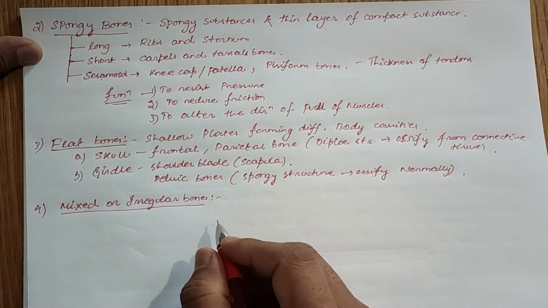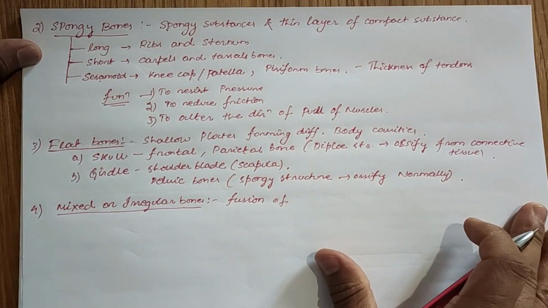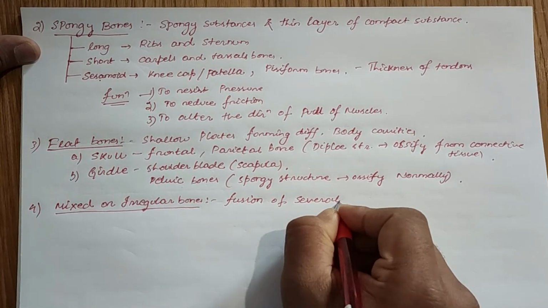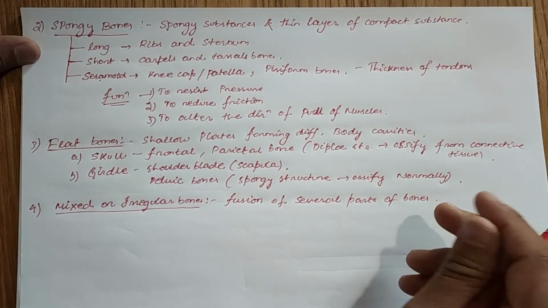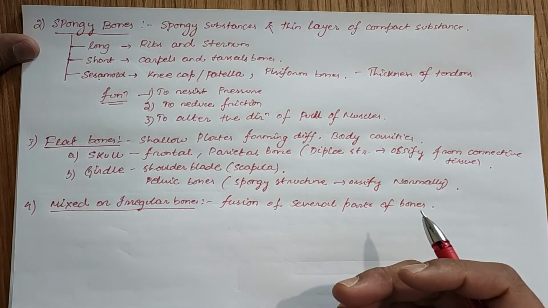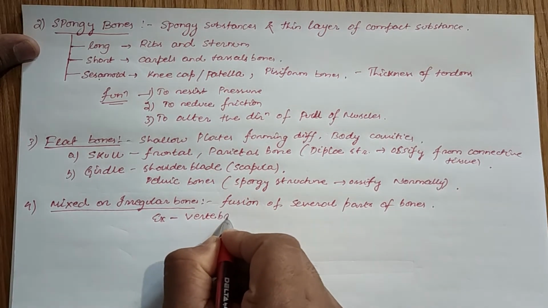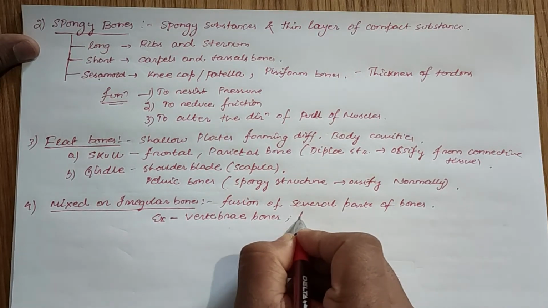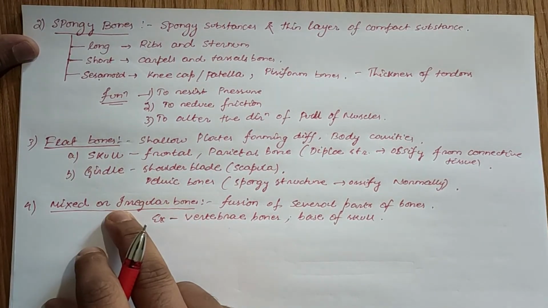In the mixed or irregular bones there is fusion of several parts of bones, small bones that differ in their structure and function. Examples are the vertebrae bones, or the base of the skull. They have different irregular structures.